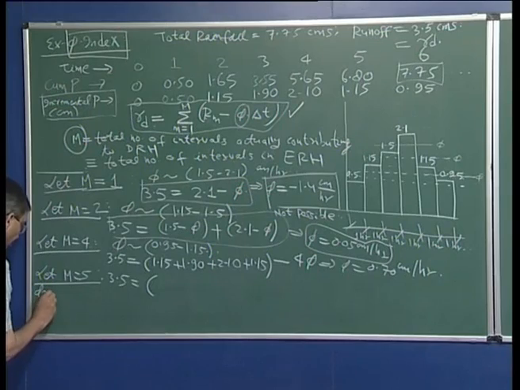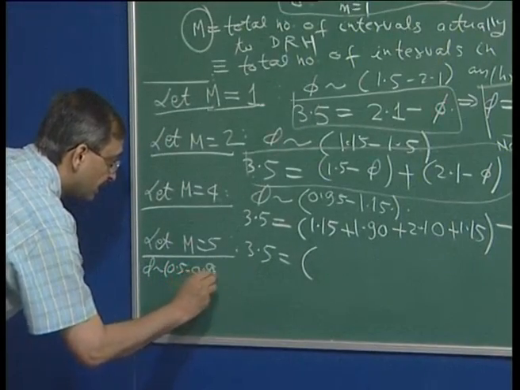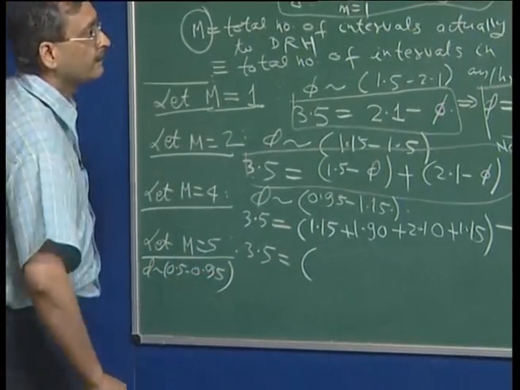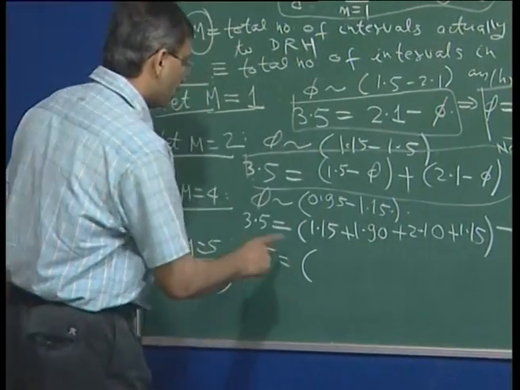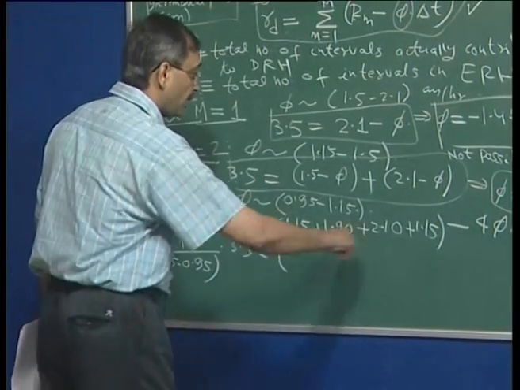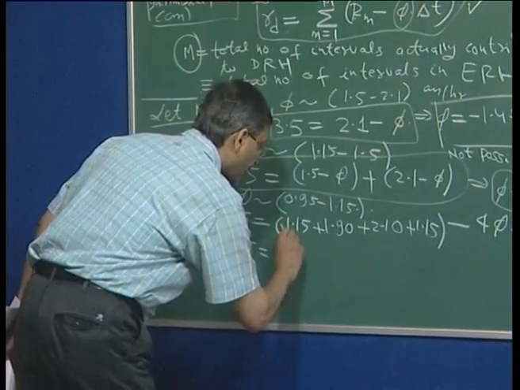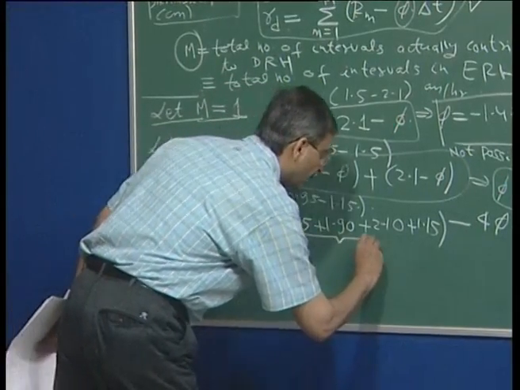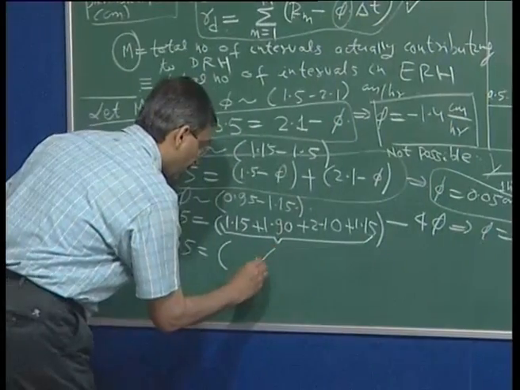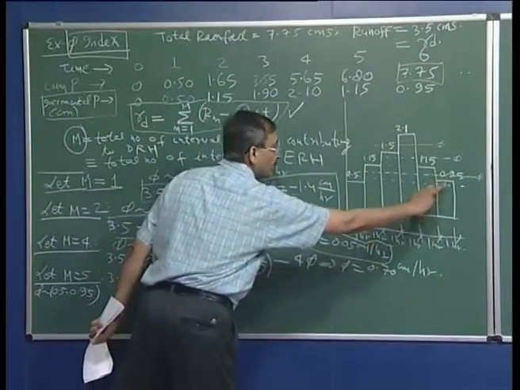Your phi should be between 0.5 and 0.95. So, that your 3.5 is equal to what? You will have all of these things. I will not write it again actually, all this goes in here, plus there is one more term which will come in, which is 0.95.